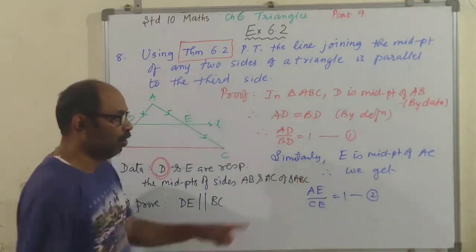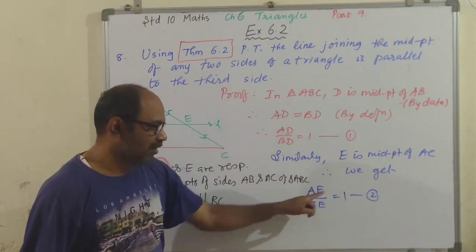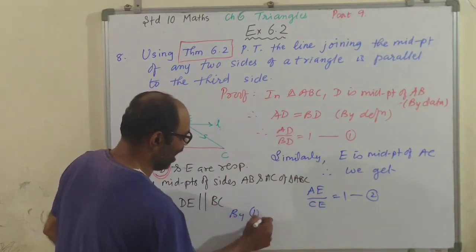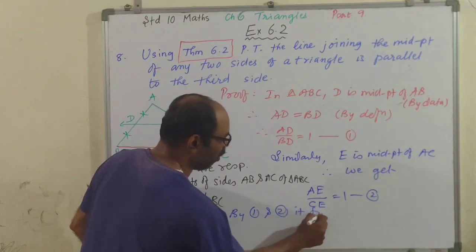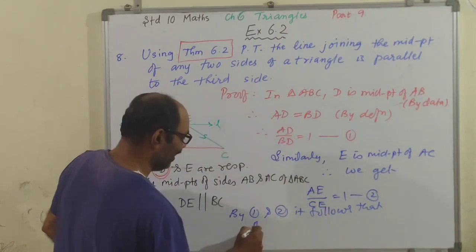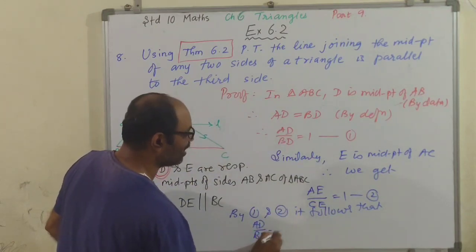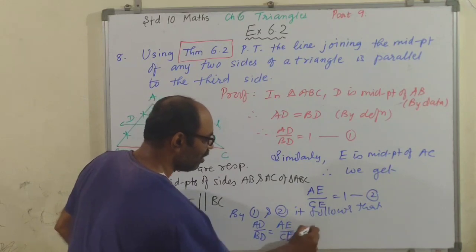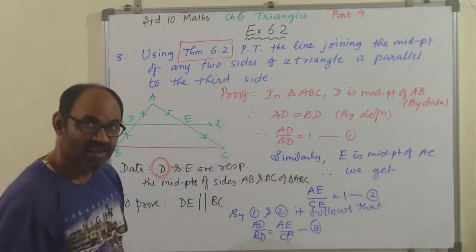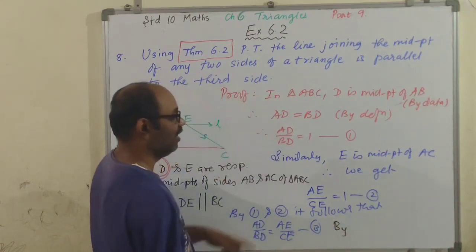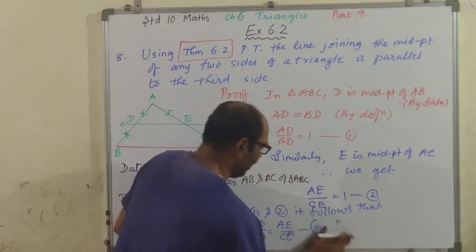Result 2. This ratio is 1, and this ratio is also 1. So by 1 and 2, it follows that AD upon BD is equal to AE upon CE. Result 3.